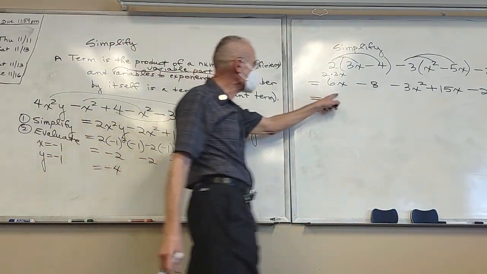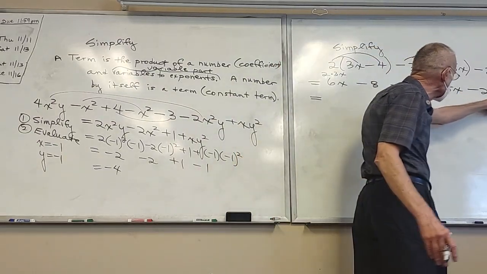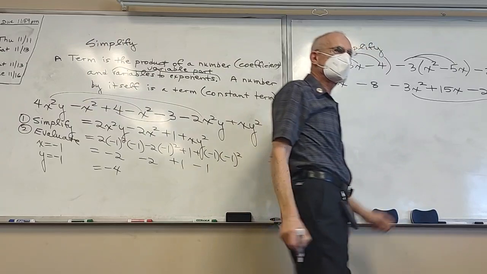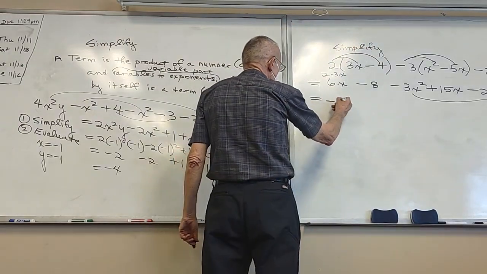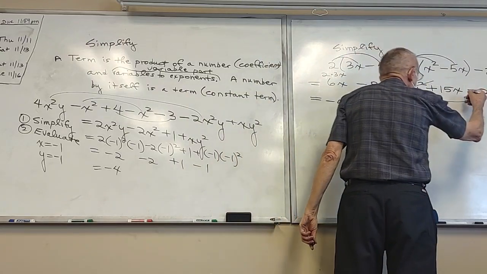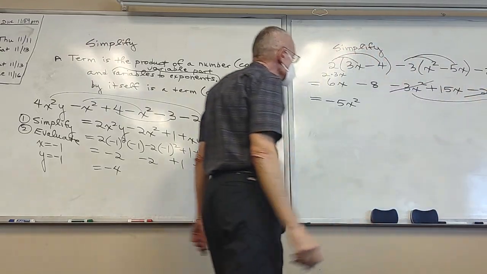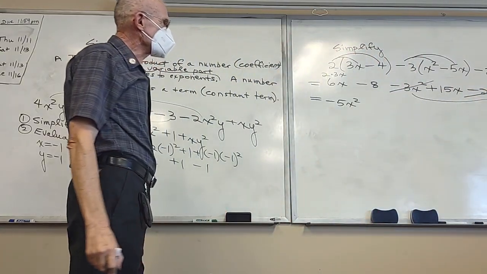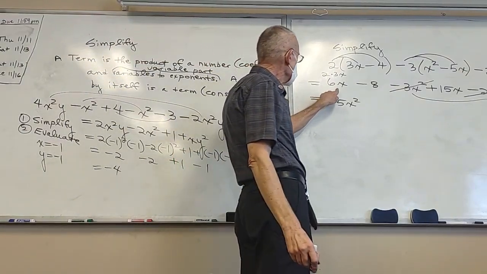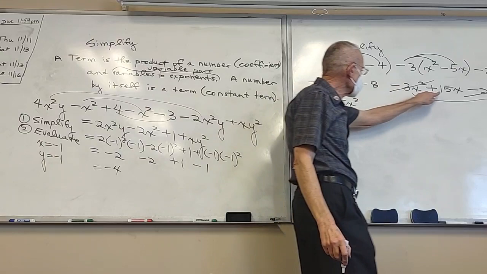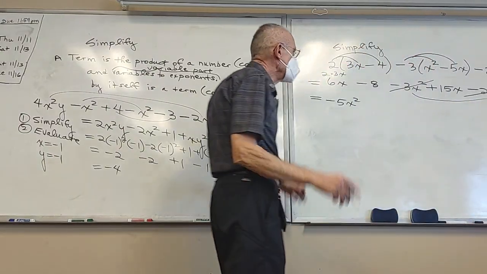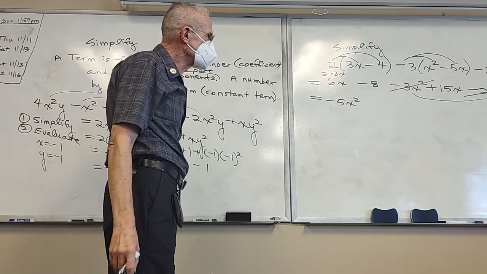So we glance down and see, okay, the highest exponent is 2. So let's combine those first. Negative 5x squared. Now comes x. Plus 16x. We have 6x plus 15x minus 5x. You can combine those in any order you want.